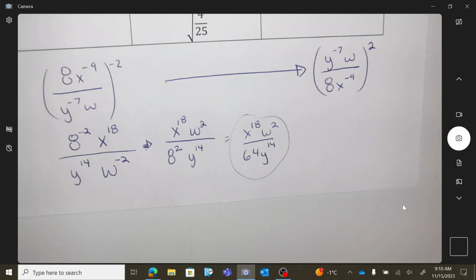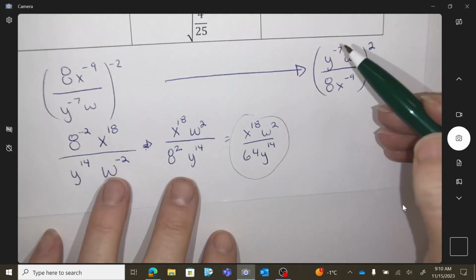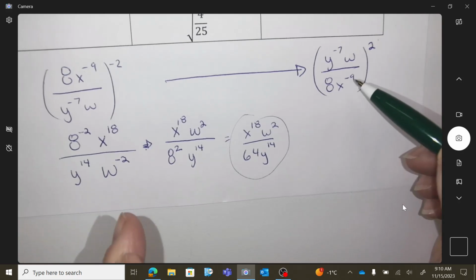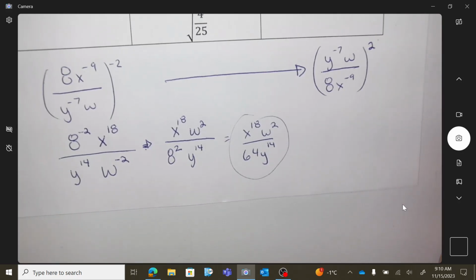That's what I did, but I moved the whole fraction and changed the exponent. You see my flip, and then now it's 2. Okay? You can now apply the 2, or you can move and then apply the 2.